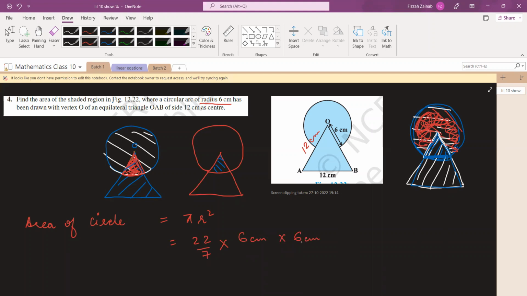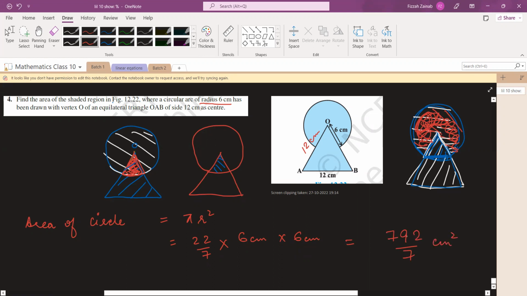Now please multiply quickly. 792 divided by 7 centimeters square. Okay, then leave it here.